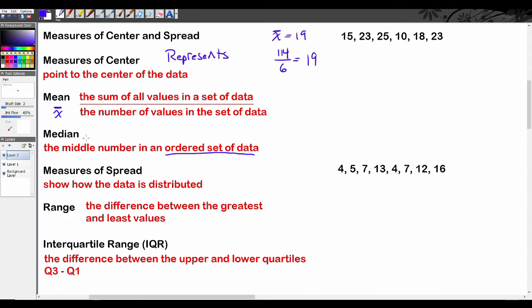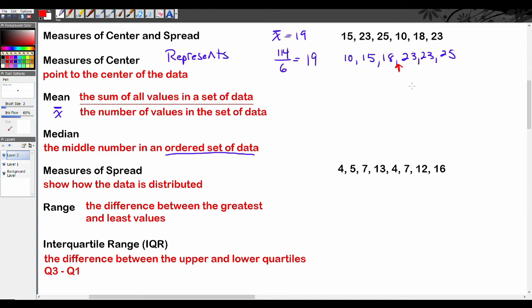Now, in order to find the median and the rest of this, what I want to do first is put these numbers in order from least to greatest. So our first number here is going to be 10, followed by 15, and then 18. Then we got two 23s. And we've got 25. Okay? So now, the middle of this set of numbers is actually right here in between 18 and 23.